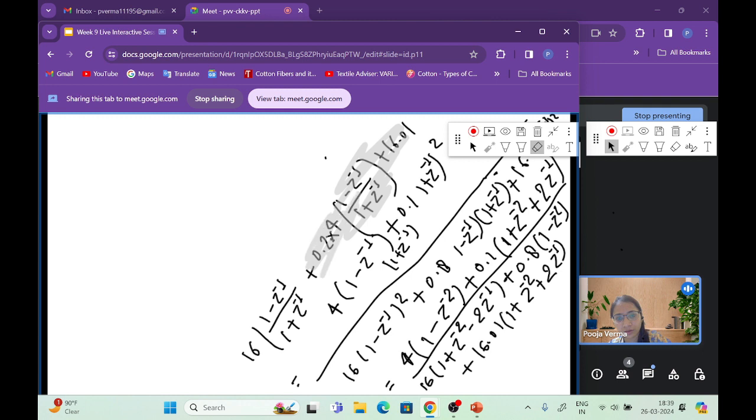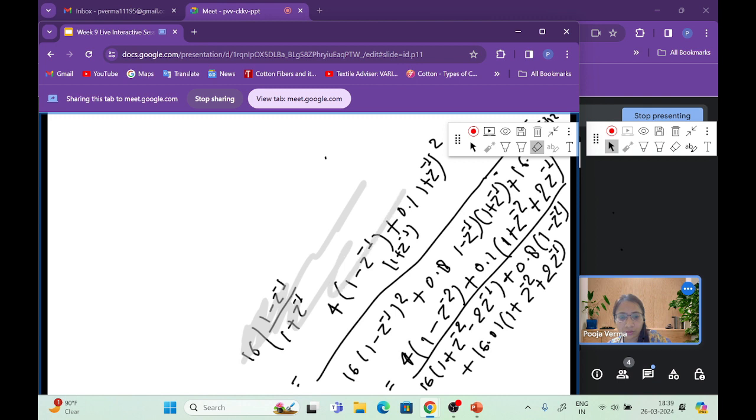You can solve this question parallelly also. That will be easier to understand.